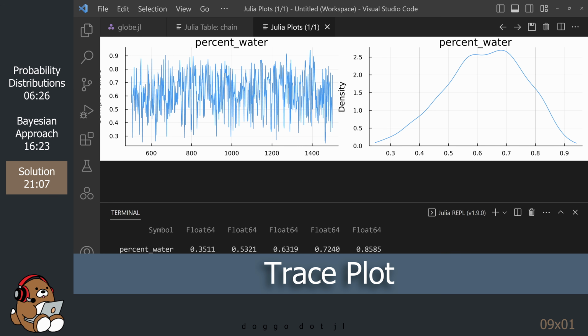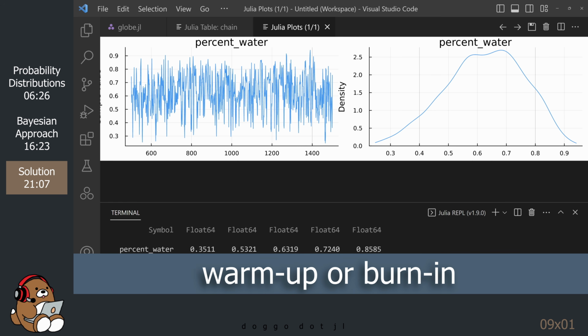The trace plot shows the %_water values for the 1,000 samples that the sampler algorithm selected and kept from our model. The reason the x-axis goes from 500 to 1500 is because Turing discarded the first 500 iterations from the sampling process. These first 500 iterations are called warm-up iterations, or the so-called burn-in.